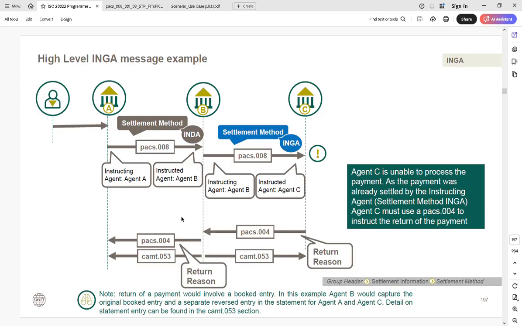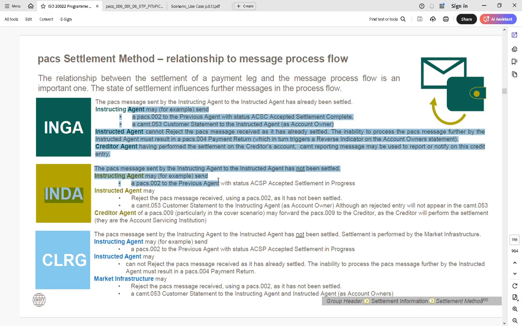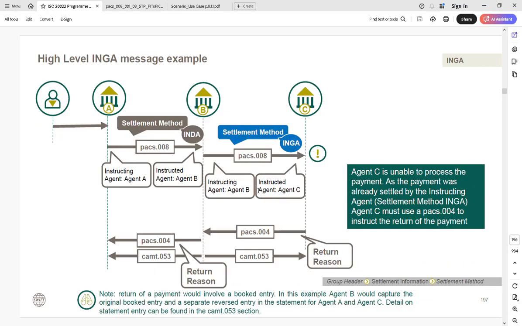Okay. So normally what they are saying is, if the payment is settled over the market infrastructure, or settled over the life cycle, then you have to reject the payment, send back the payment, return the payment with some return reason, and confirmation of that is sent with the CAMT53. The same thing is mentioned in this example.